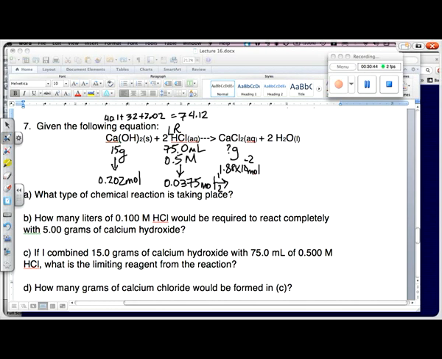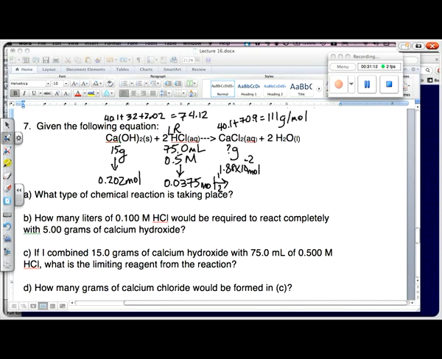Now to get it into grams, I do need the periodic table, adding up the molar masses. I know that 2 chlorines adds up to 70.9. So 40.1 plus 70.9, and I get 111 grams per mole.